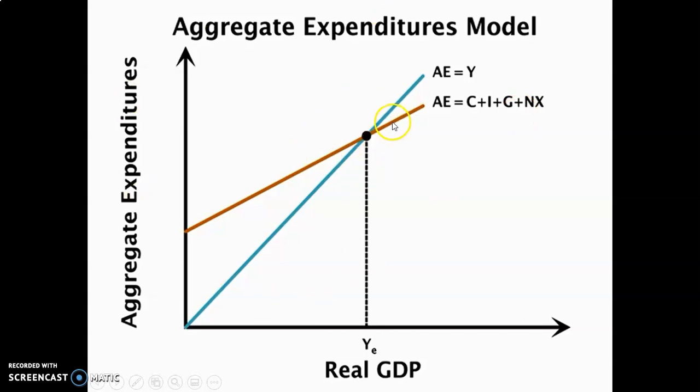And this is just another way of looking at the same thing. And once again, it is referred to as the Keynesian cross because it's all about this crossing point right here, where aggregate expenditures or consumption crosses real GDP. That's where our economy is going to be.